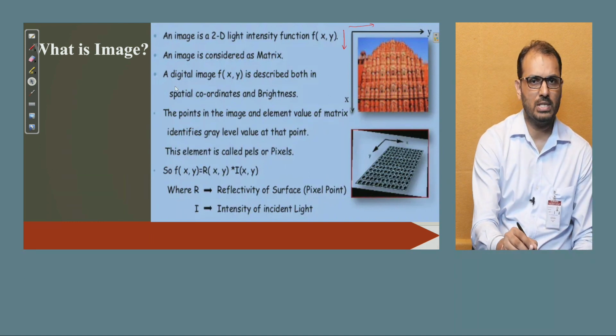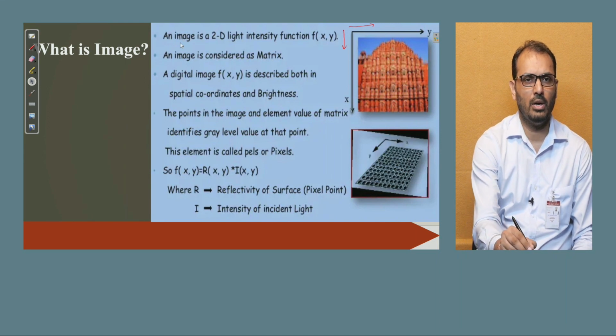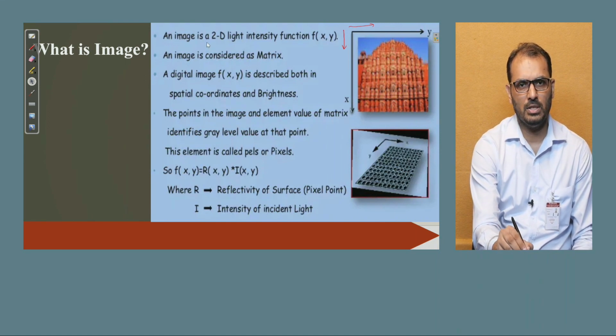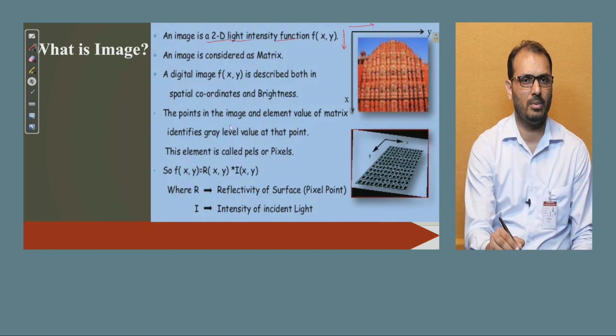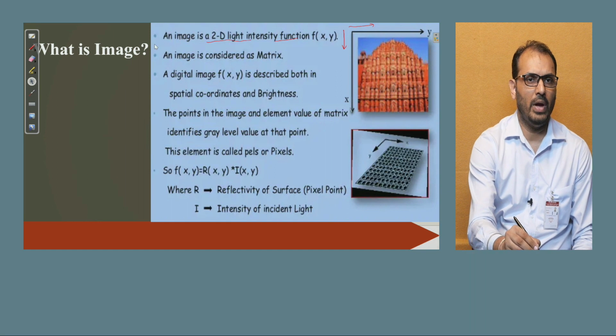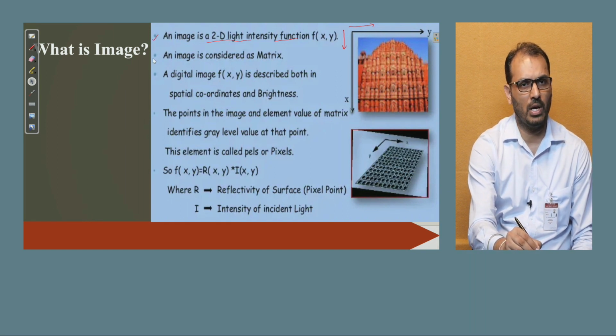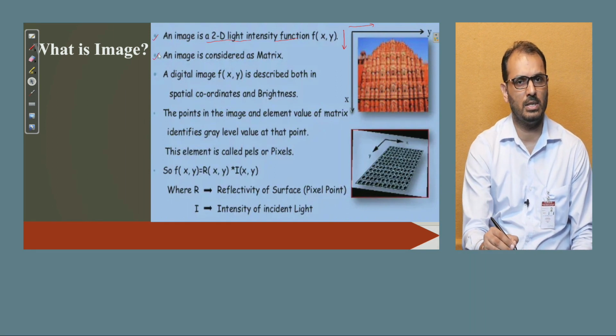Right? So in the first line, if you observe carefully, in a 2D image there is a light intensity function, f(x,y). And when the machine reads it, as we already discussed, it is considered as a matrix form, right? If I'm not wrong.